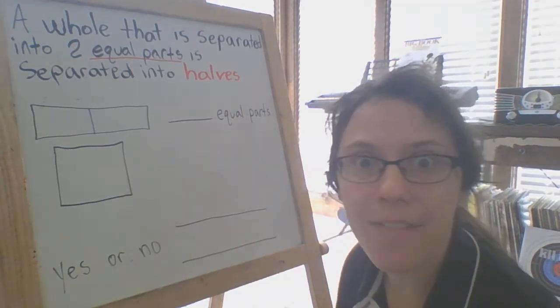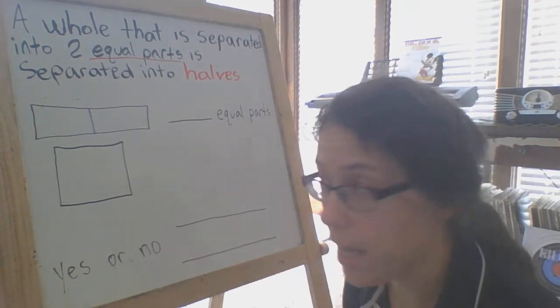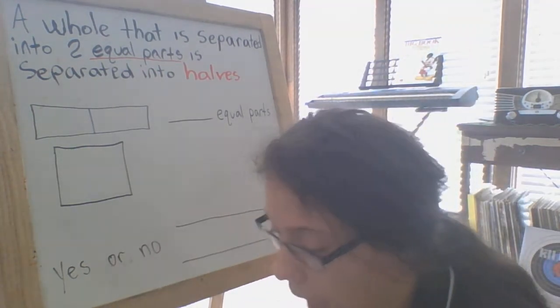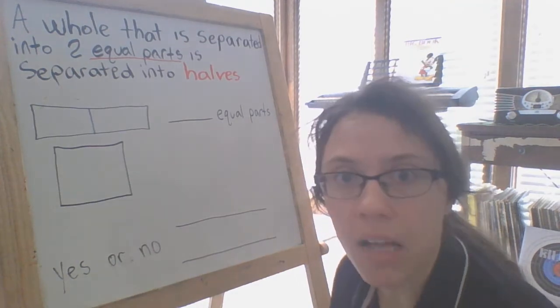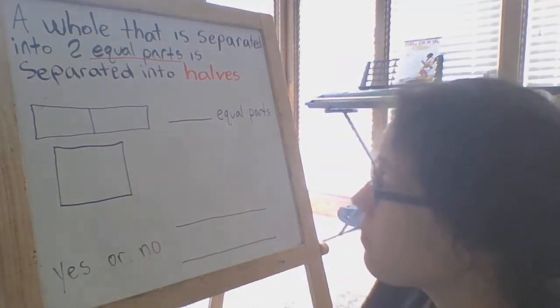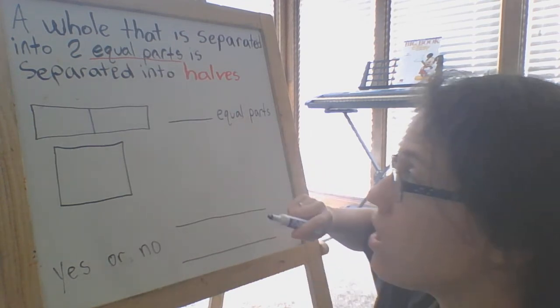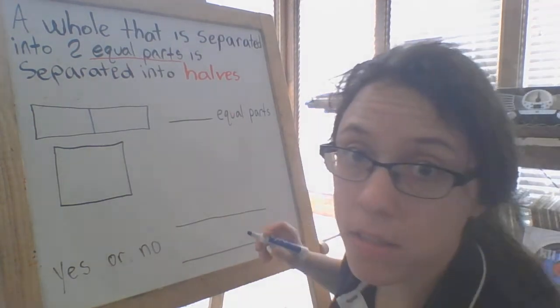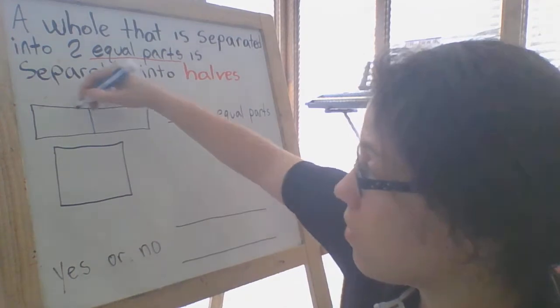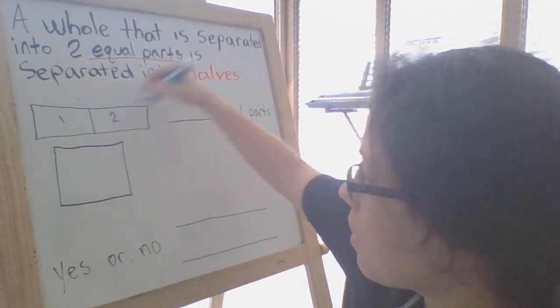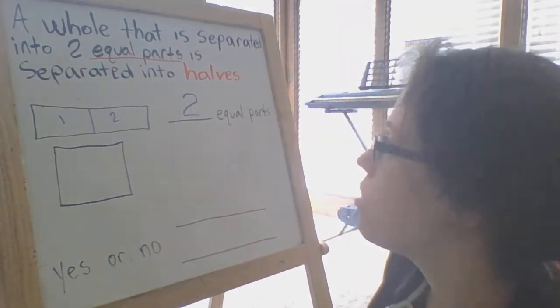Your mom wants half. Needs to be cut in half. But the question asks, how many equal parts is the hot dog cut into? Well, if you cut it in half and you remember the definition, how many equal parts is in a half? 1 part, 2 part. The answer is 2 equal parts.